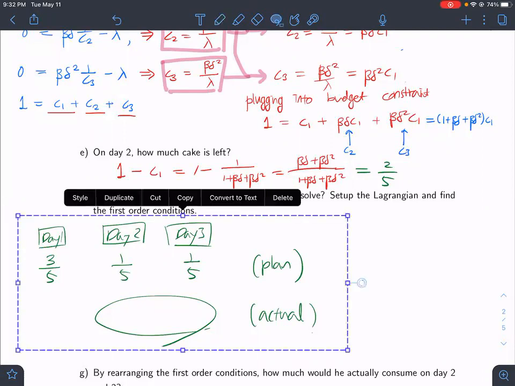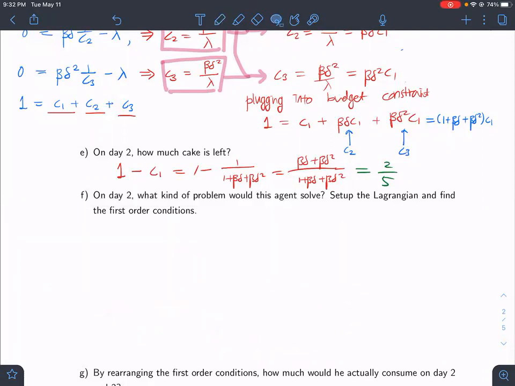Let me just delete this. So what kind of problem would this agent solve on day 2? He will solve, let me go back to color blue, maximize consumption. And on day 2, day 3, my utility function looks like log of C2 plus, now I'm using beta delta here.